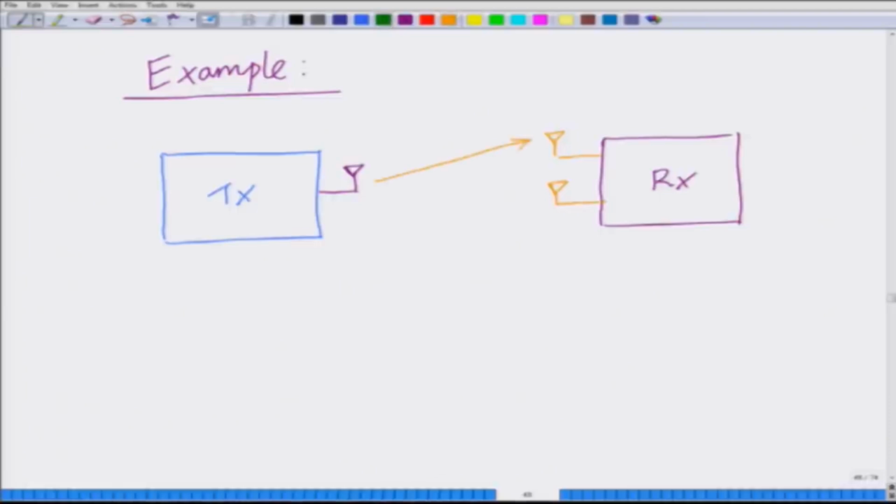We had denoted the fading coefficients between transmit antenna 1 and receive antenna 1 by h1, and transmit antenna 1 and receive antenna 2 by h2. Now, in this example, let us consider h1, the complex fading coefficient, equals 1 by square root of 2 plus 1 by square root of 2 j.